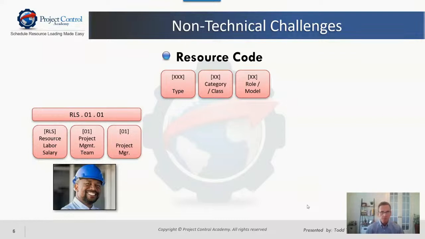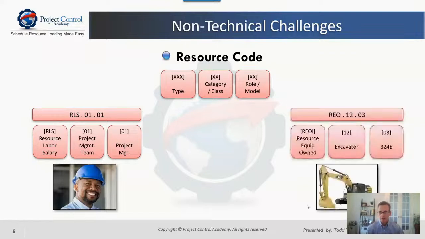Here's one that we've used, pretty simple, just like a 3-letter code to represent the type, 2 numeric digits for the class, and then the role. So it can work for labor. So you could have kind of RLS for resource, labor, salary, project team, and then the project manager.